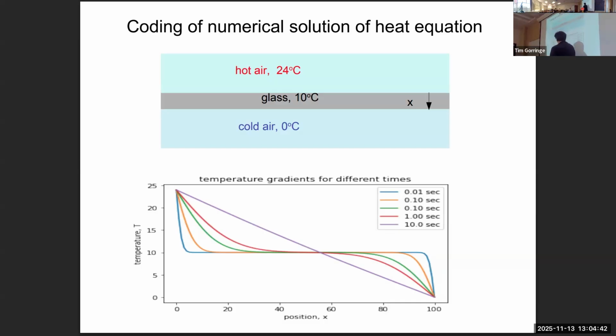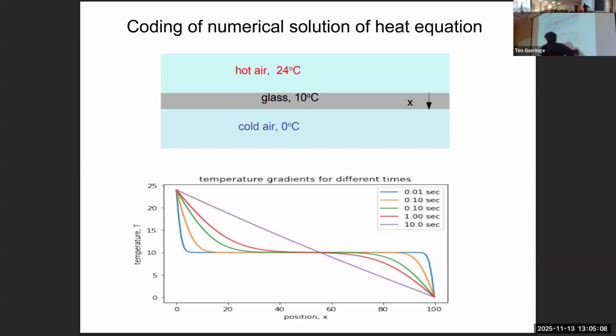This is the result of my calculation. Because we know what was going to happen, right? We start off with the window at 10 degrees Celsius from the inside of the room to the outside of the room. So on the inside of the room, the window is cooler than the room. On the outside of the room, the window is warmer than the outside.